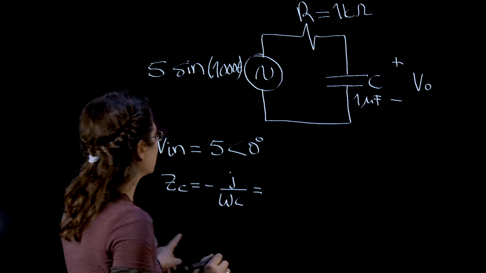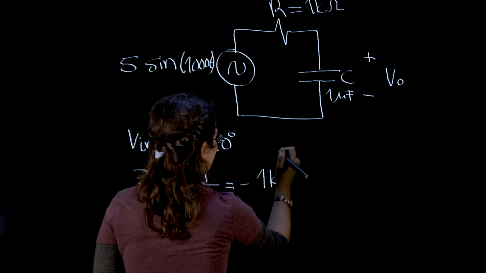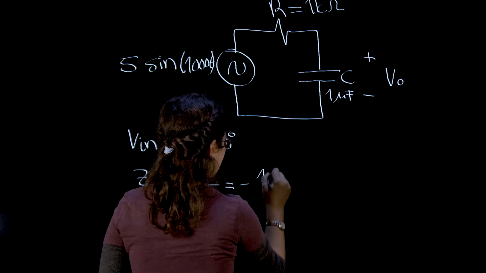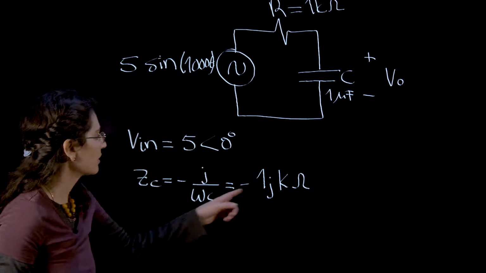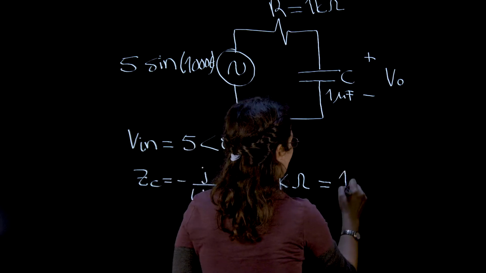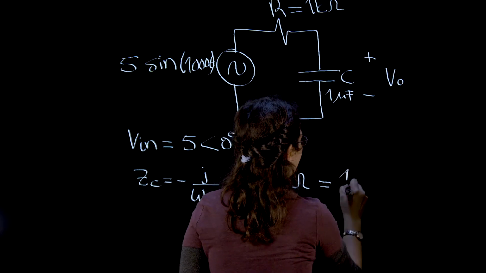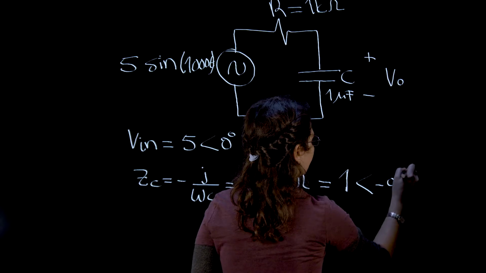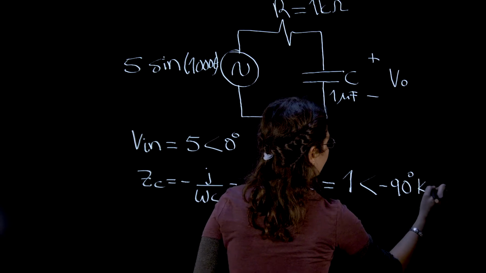which in this case is going to be minus 1j kilo ohms. And this, in phasor representation, is the magnitude, which is 1, with a phase of minus 90 degrees, like we saw in the last video, kilo ohms.